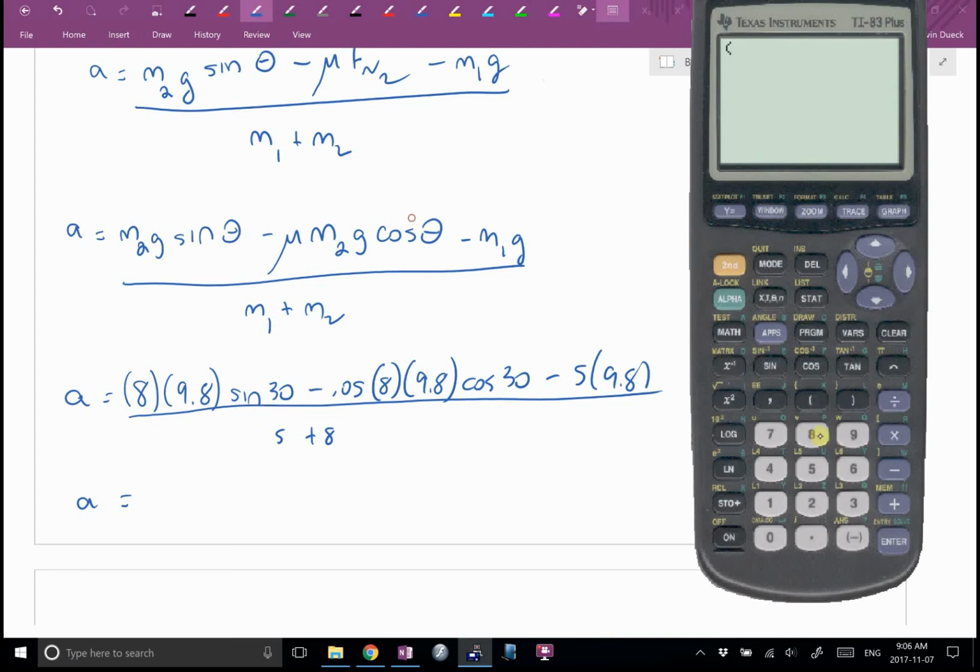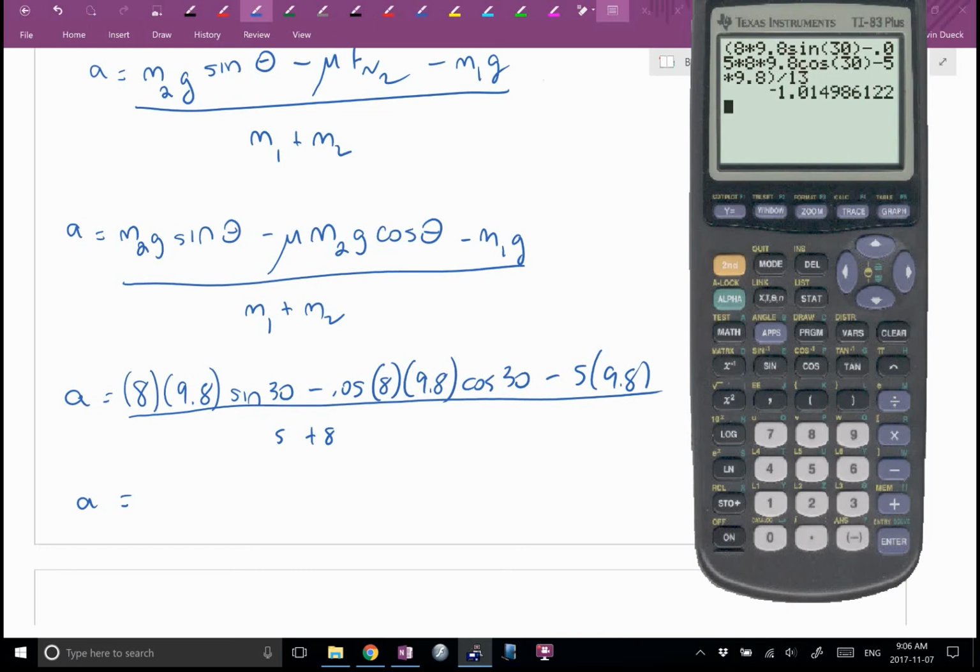For me, it's going to be 8 times 9.8 sine 30, close off the sine, minus 0.05 times 8 times 9.8 cos 30, minus 5 times 9.8, divided by, can I add 5 plus 8 in my head?